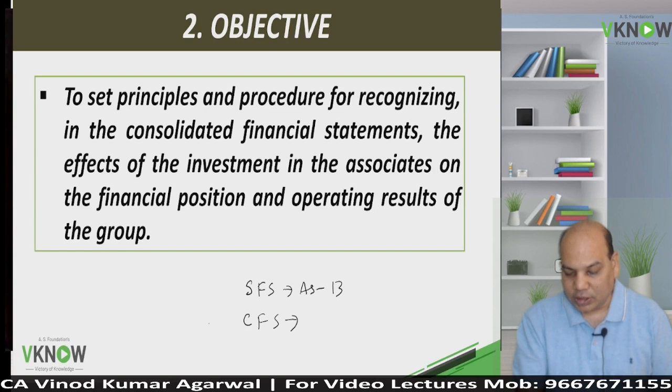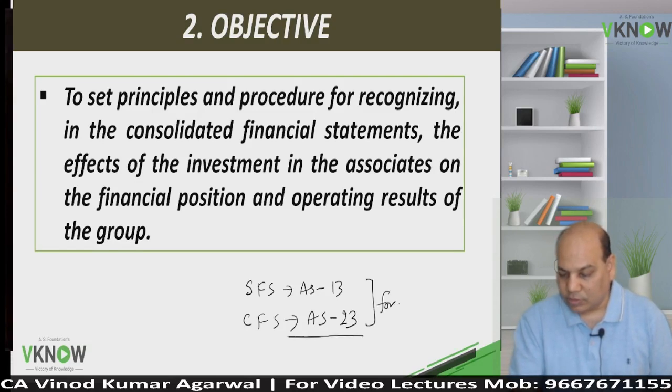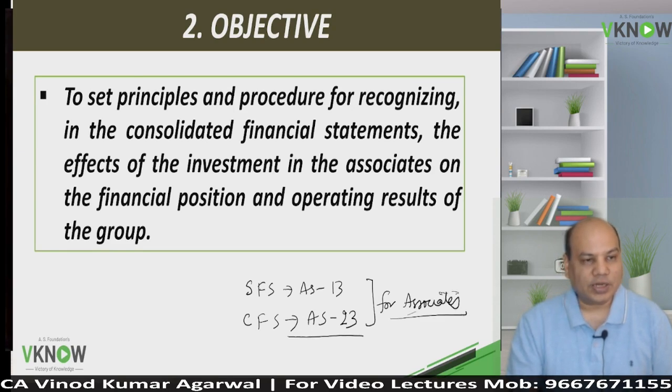If the entity is preparing CFS, then AS23 will be followed for associates. So these are the applicable standards for associates. In CFS, AS23 is applicable. In SFS, AS13 is applicable.